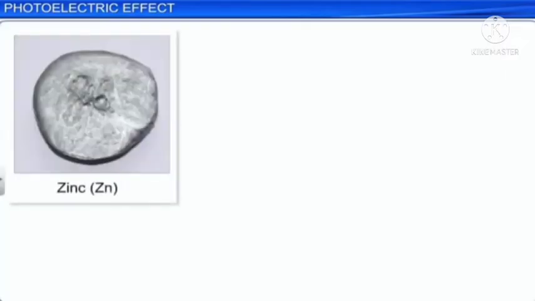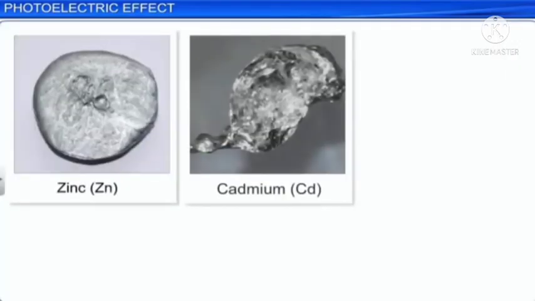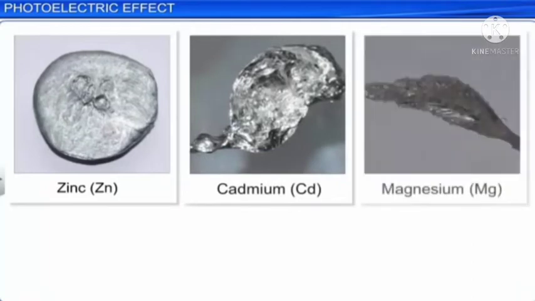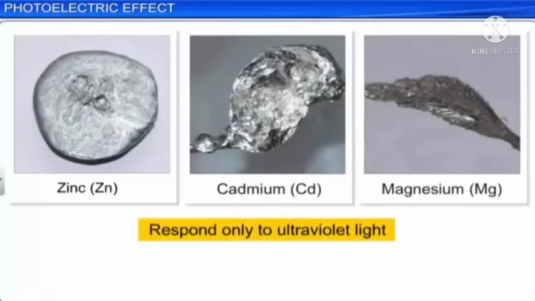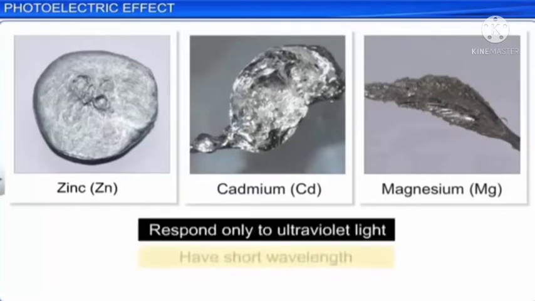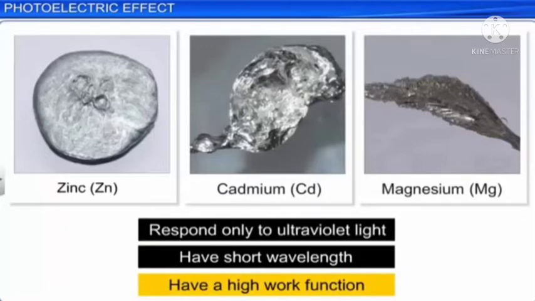Certain metals such as zinc, cadmium, and magnesium respond only to ultraviolet light, as they have short wavelength and a high work function.